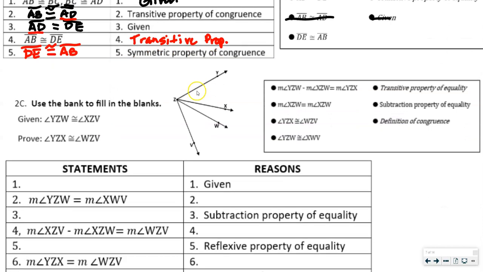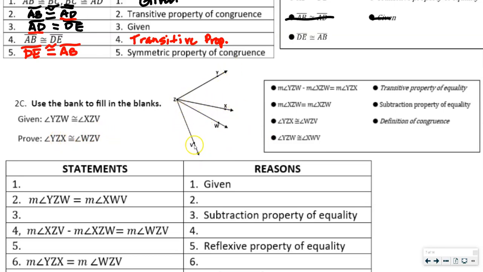All right, our third proof is saying given that angle YZW, that angle right there is congruent to XZV, right? So, it's saying prove that these two angles then are congruent.